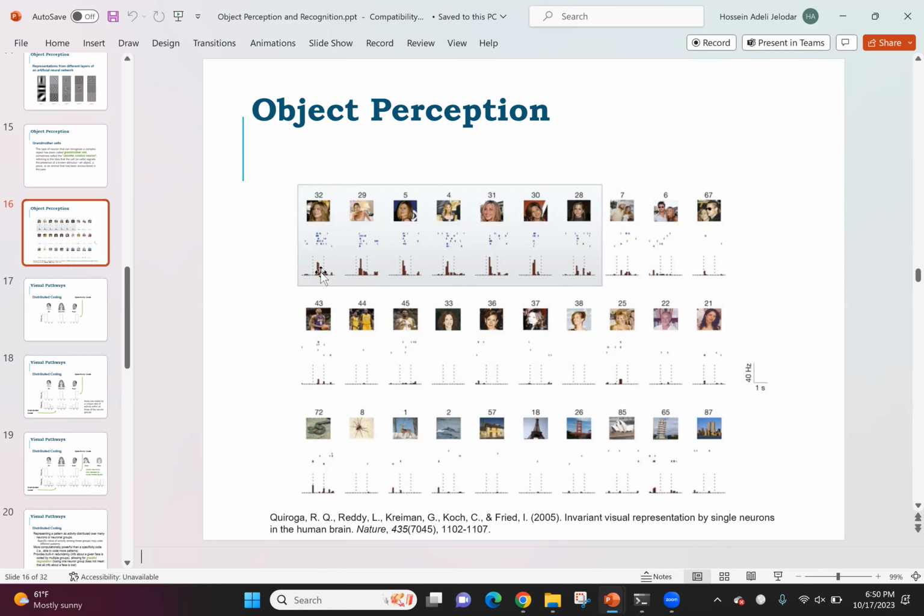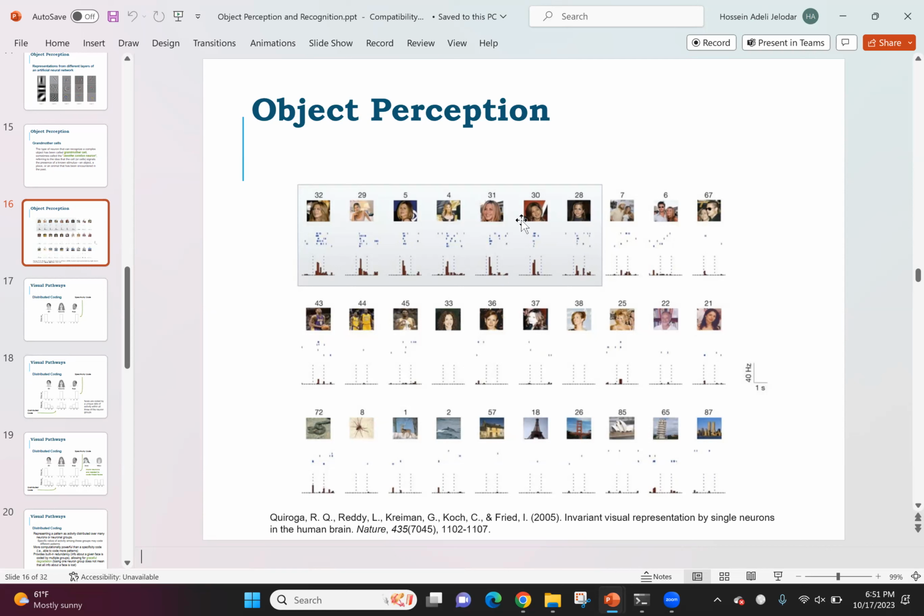Now you could summarize this in a histogram. Basically count how many action potentials were in each of these windows across multiple presentations of the same image. So here you could see that this cell is responding very strongly to these images and not at all to the other ones. And what do these have in common? What's that? They're all Jennifer Aniston. So the fact that they're all Jennifer Aniston and only these cells, this is just ordered.